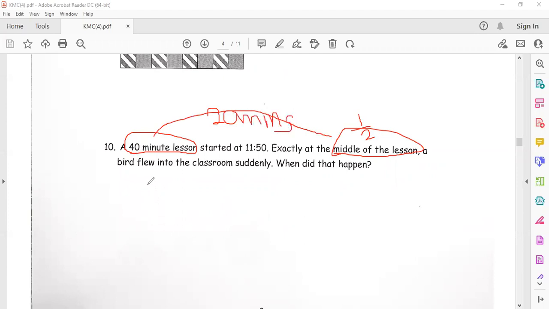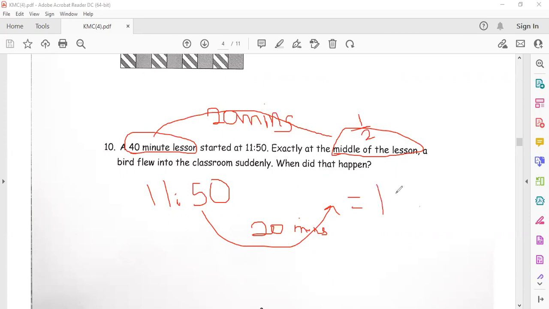Now, if the lesson started at 11:50, you have to add 20 minutes to it and tell what the time is after 20 minutes. You can just count on, imagine the clock, or look at your watch and add on 20 minutes, and you would get to 12:10.